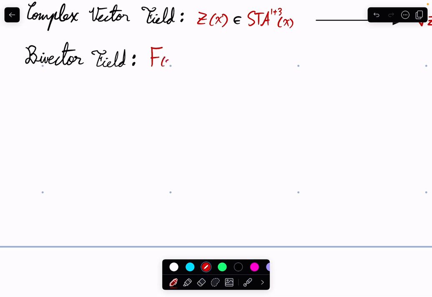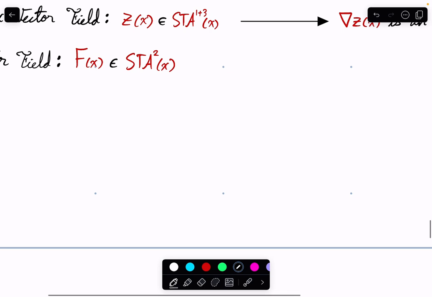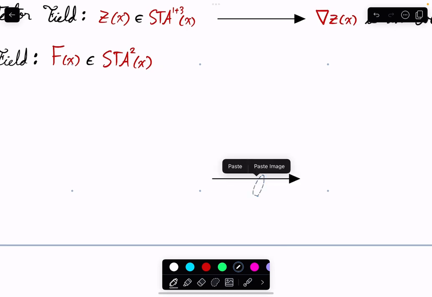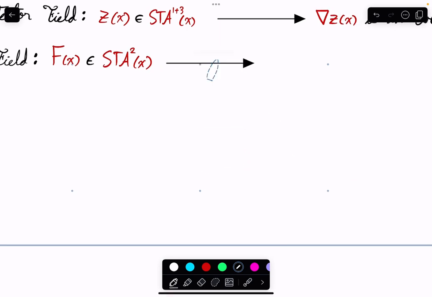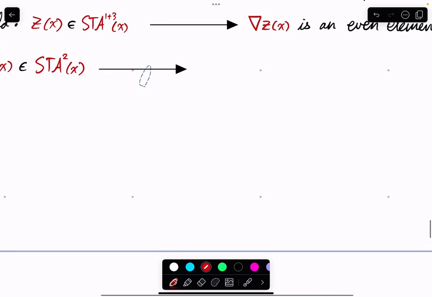So if you have a bivector field, then the gradient of this bivector field is also a complex vector.